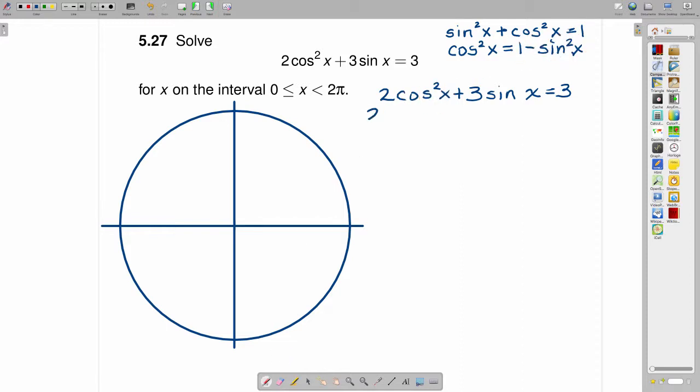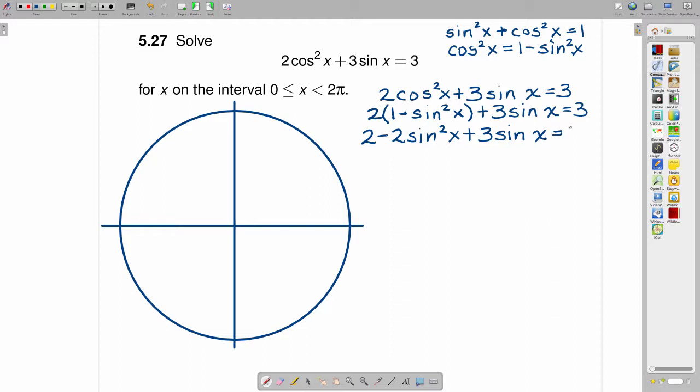So I now have 2 times 1 minus the sine squared of x plus 3 times the sine of x is equal to 3. I will distribute this 2 and wind up with 2 minus 2 sine squared x plus 3 times the sine of x is equal to 3.